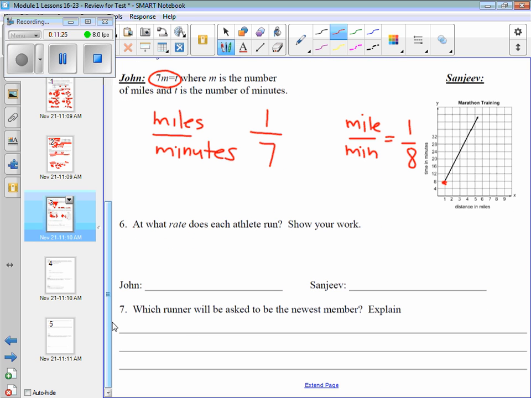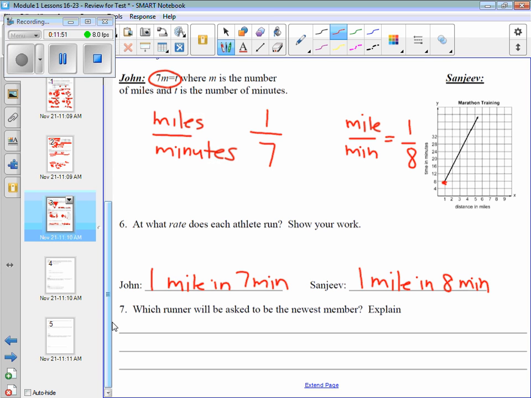So for John, just restating and summarizing what we determined up above, John is going to run 1 mile in 7 minutes. And Sanjeev is going to run 1 mile in 8 minutes. The newest member is going to be the quickest runner.